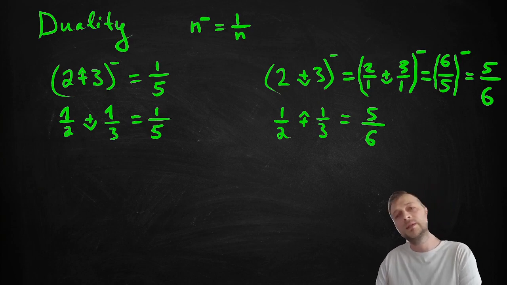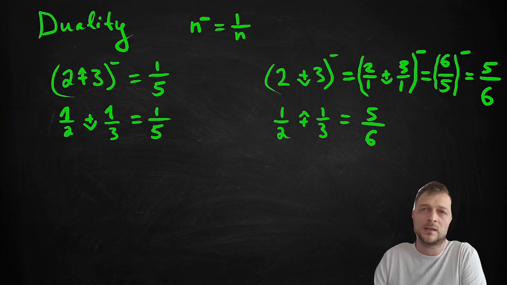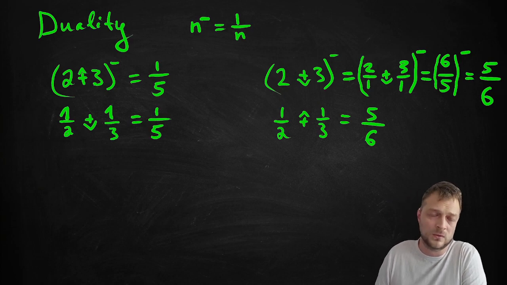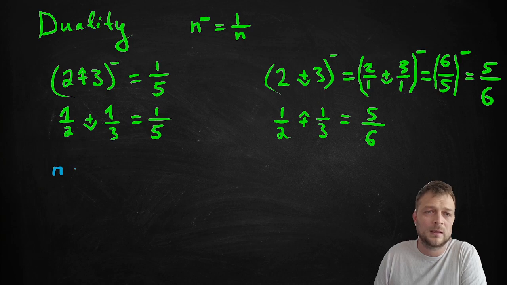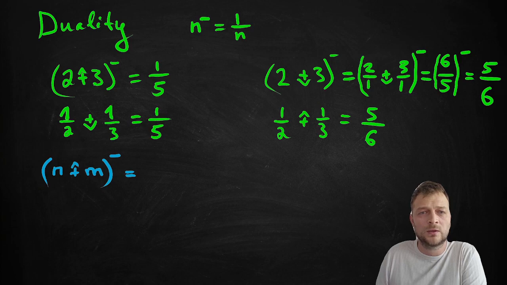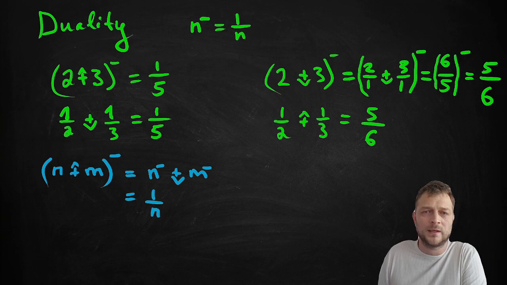So what we can notice here, something interesting: n plus m to the power minus is equal to n to the power minus plus m to the power minus. That's the same as 1 over n plus 1 over m.